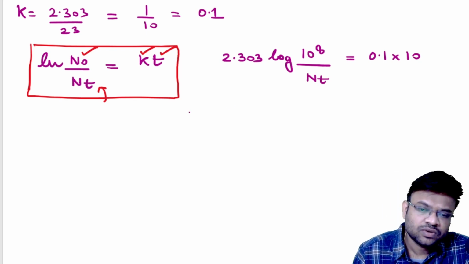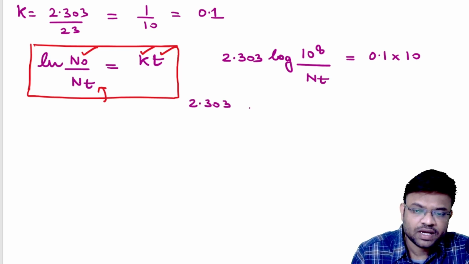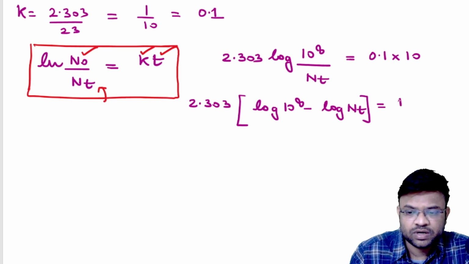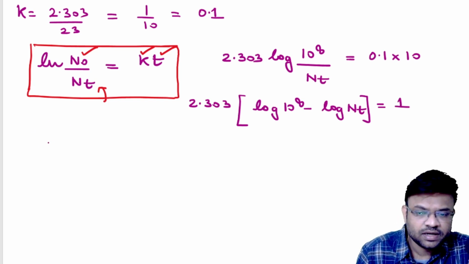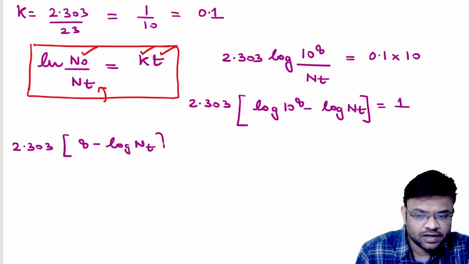Now, so we can quickly calculate it as 2.303 and log 10 to the power 8 minus log Nt is equal to, and this would be equal to 1. So I can continue it over here. So 2.303 into 8 minus log Nt is equal to 1.